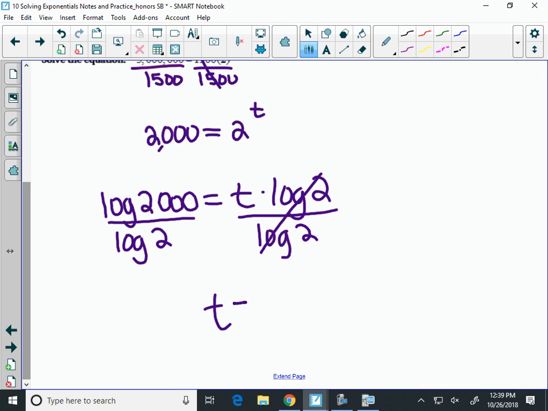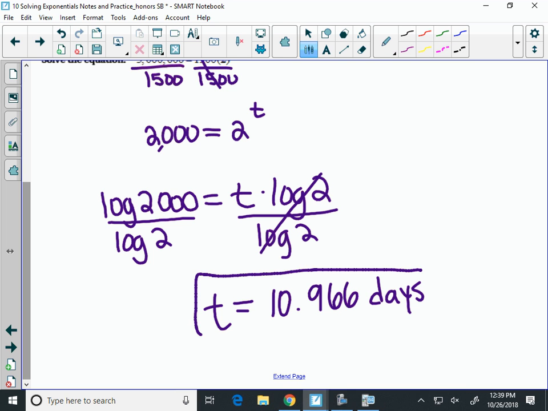Remember, this is days. How many days until there were 3 million bacteria in the swimming pool? Almost 11. Almost 11, but what decimal? 966 days. Yes.